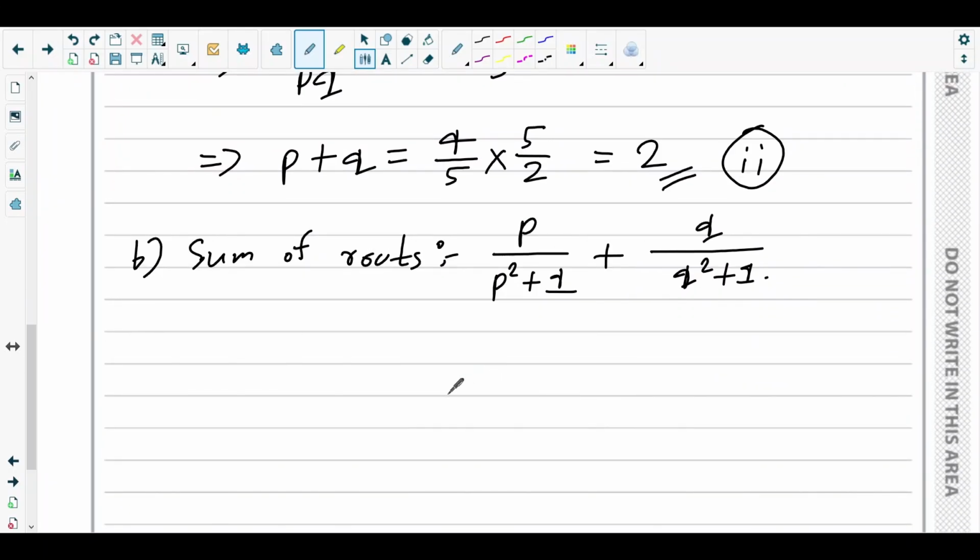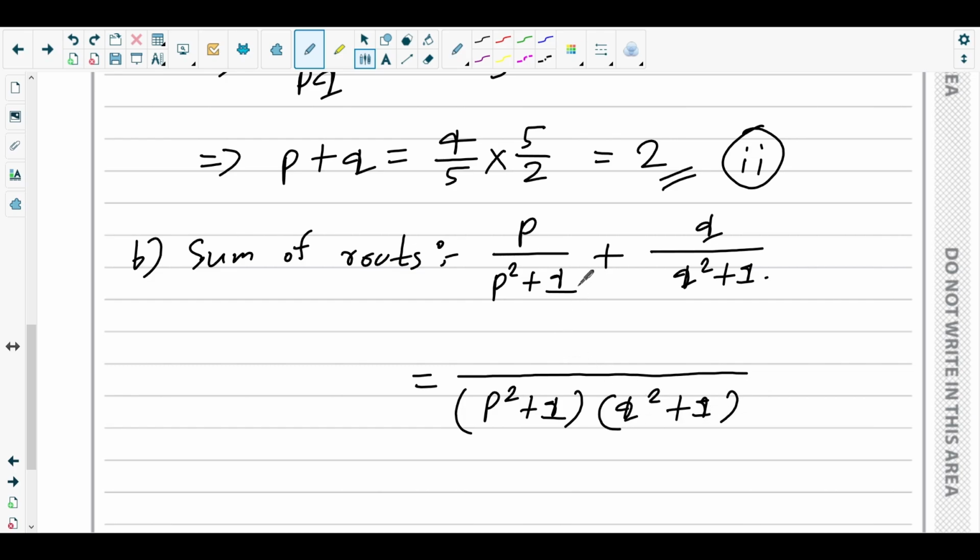Now take the LCM: in the denominator you get p squared plus 1 times q squared plus 1. In the numerator, p squared plus 1 cancels out in the first term, so p times q squared plus 1, plus q times p squared plus 1, over the denominator.